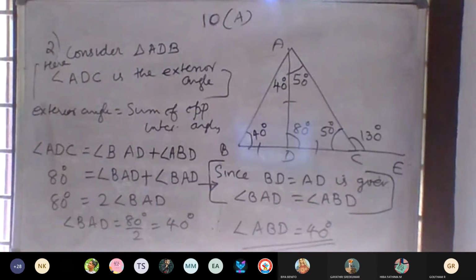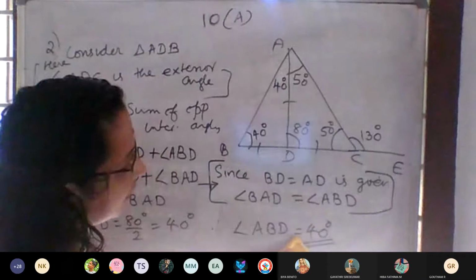Second part answer. First part is angle ADC, that is 80 degrees. ABD we got as 40 degrees. Which is the second part? Angle ABC only, not ABD.